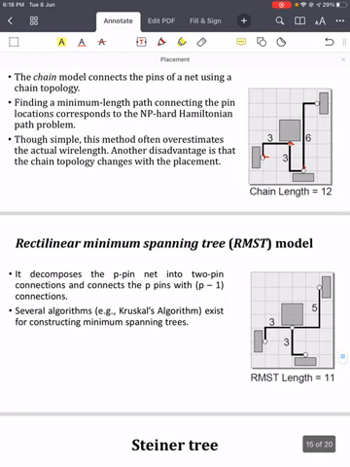Now the next model is the RMST model, that is called the rectilinear minimum spanning tree model.